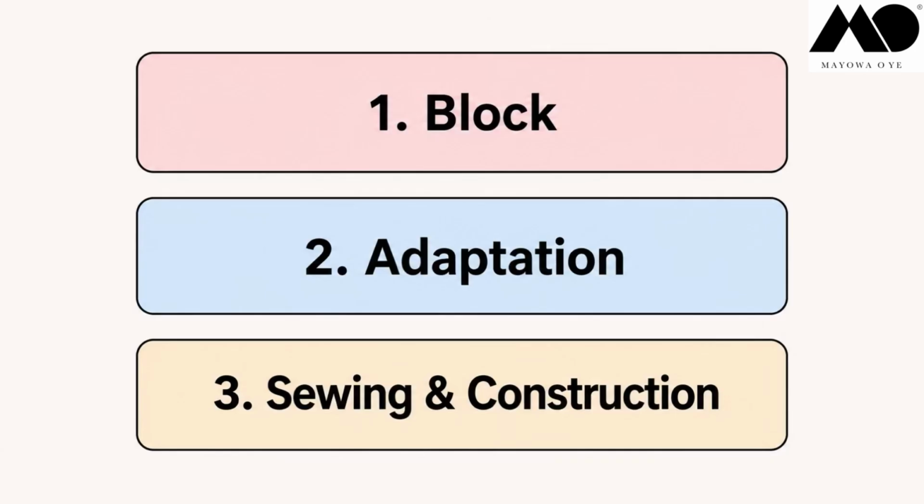These three layers are connected, but they are not the same. And that's very important because a block problem needs a block correction. An adaptation problem needs a pattern correction, and a sewing problem needs a construction correction. So if you mix them up, you may keep correcting the wrong thing.